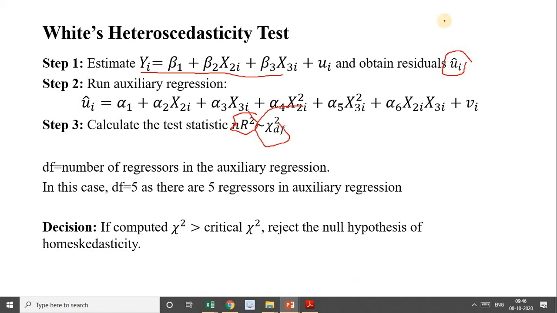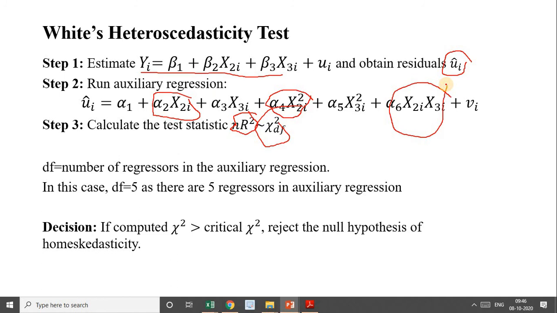Okay, if x2 is there, then what you have to do is, you have to take x2 square. Okay, then x2, x3, x2 square, x3 square, then x2 into x3.